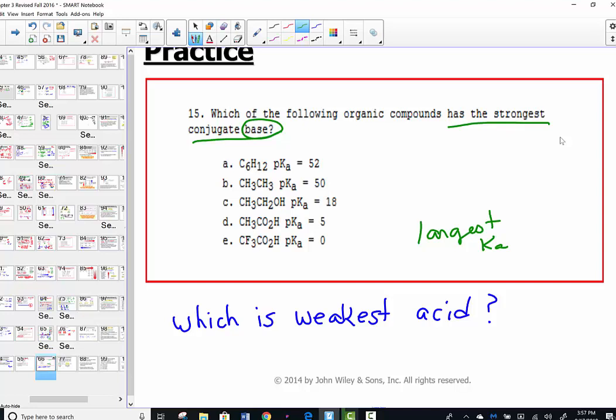Well, I don't even need my chart if I just memorize the trend: pKa is the negative log of Ka, and the weakest acids have the biggest pKa number. So the strongest conjugate base has the weakest parent acid, and I just want to select the largest pKa.